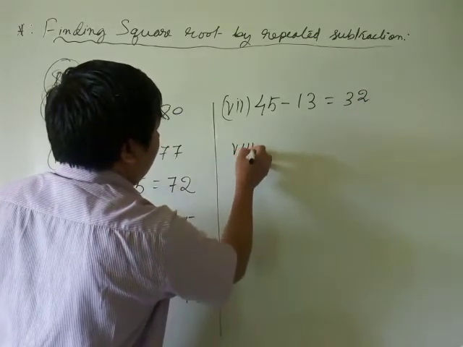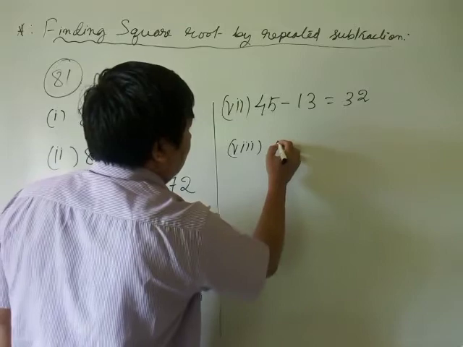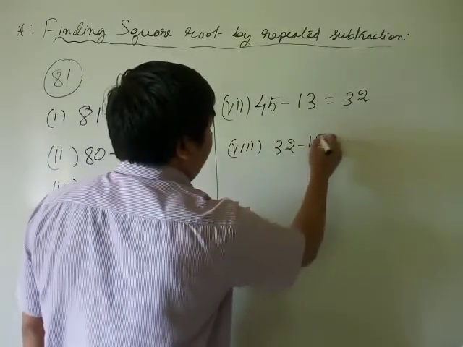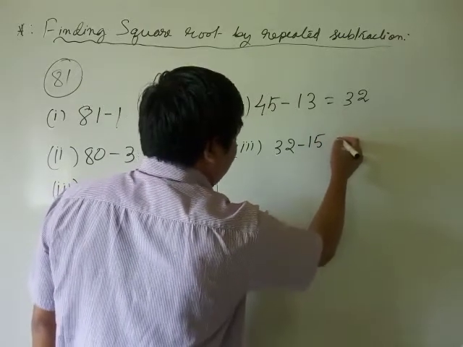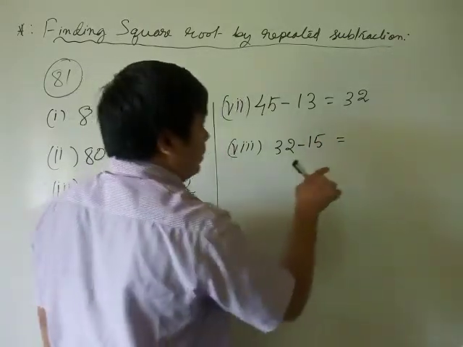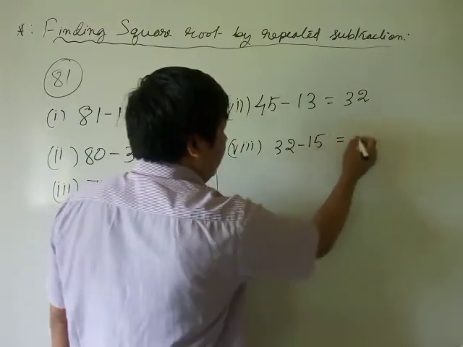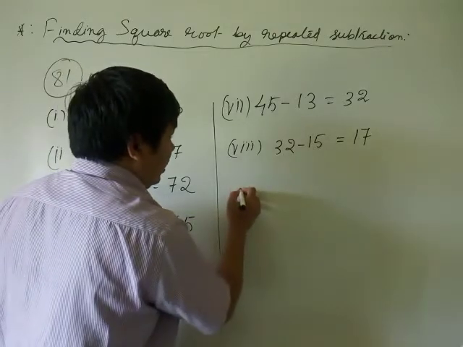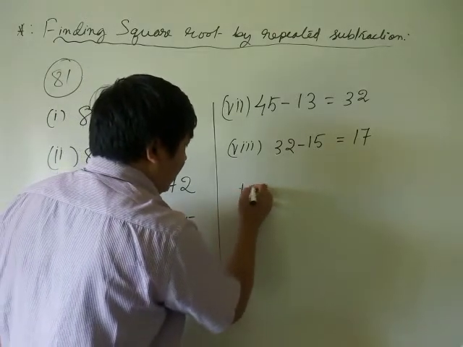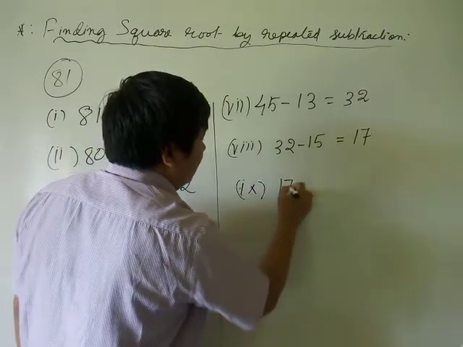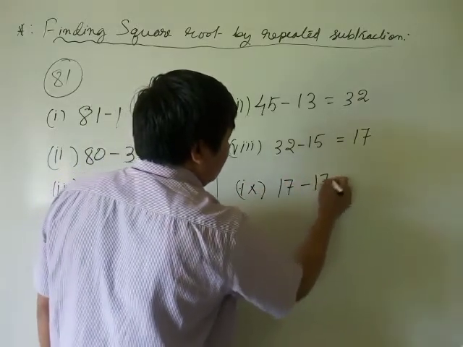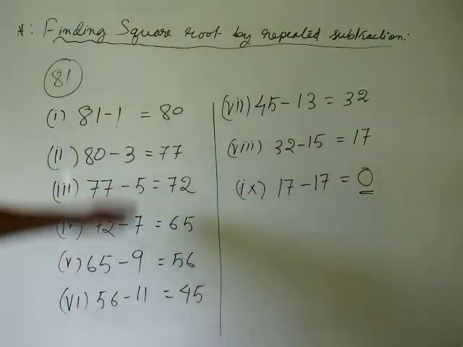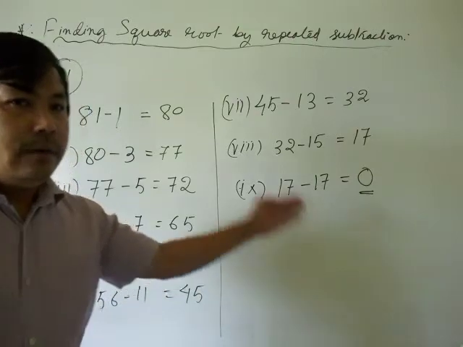Then step number 8, 32 minus the next odd number, 15. Then we get here 17. Then at last we have 17 minus the next odd number, 17. Then we get 0. Until we get 0, we will continue to subtract.